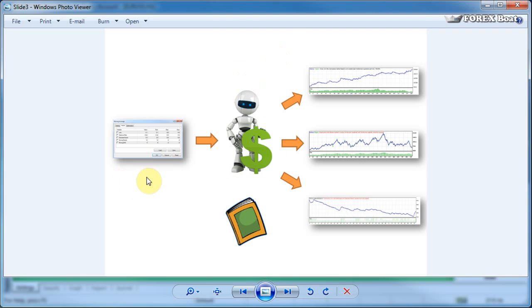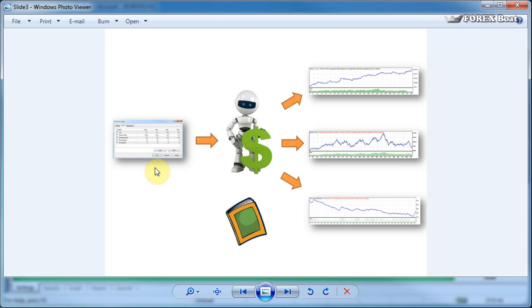And by adjusting these parameters, you can get the Forex robot to produce unprofitable results, or you can get it to produce profitable results. So for us, optimization will mean finding the optimal set of parameters that will yield the highest possible result and that will give us the best return.